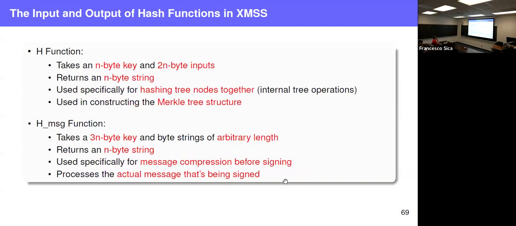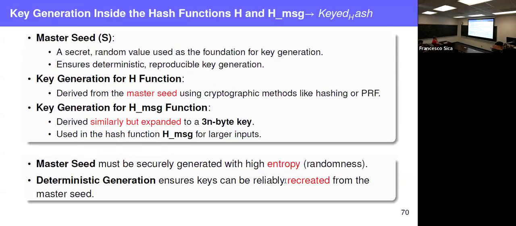The H function, during our L tree and hash tree, the Merkle tree, will take an n byte key and 2n byte inputs and return an n byte string. And the H message will take a 3n byte key and an arbitrary length message, the original message.